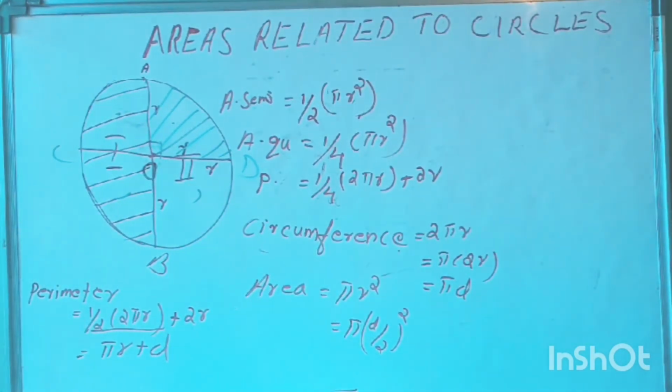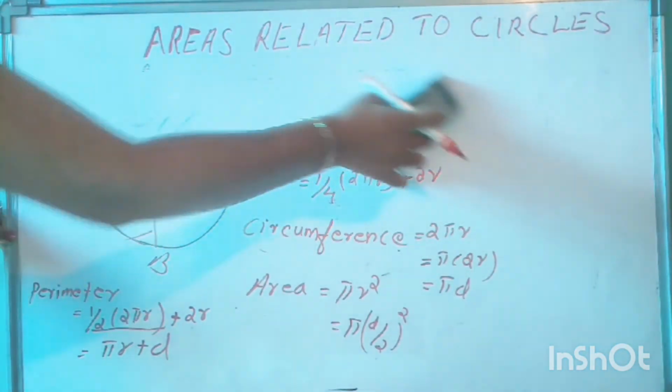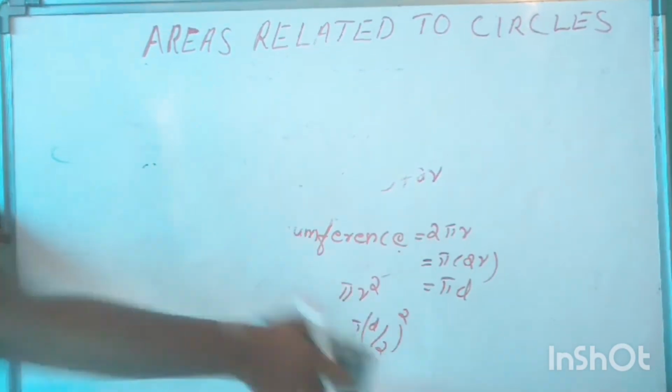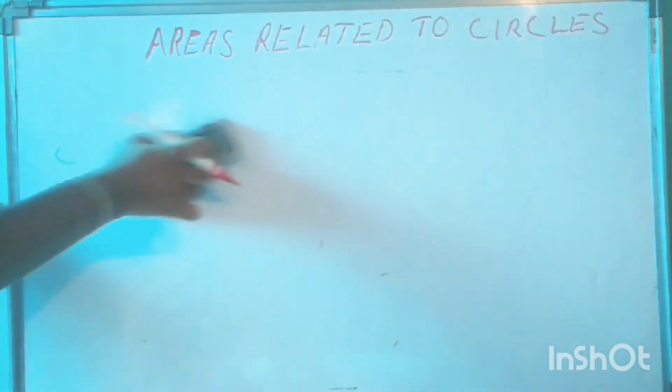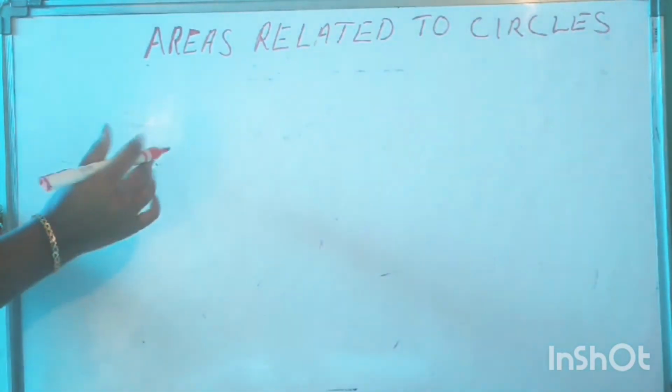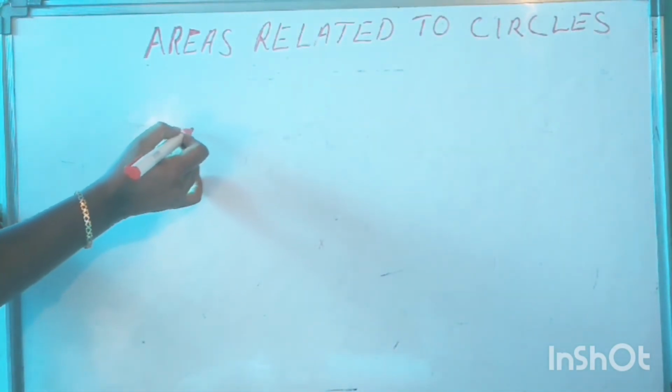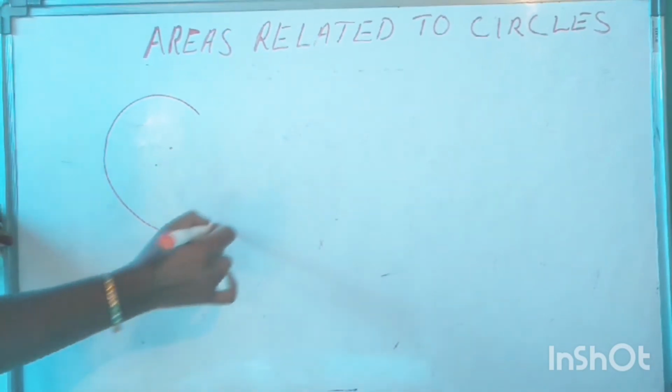Area of a ring. Ring means area enclosed between two concentric circles. Concentric circle means same center and different radius.